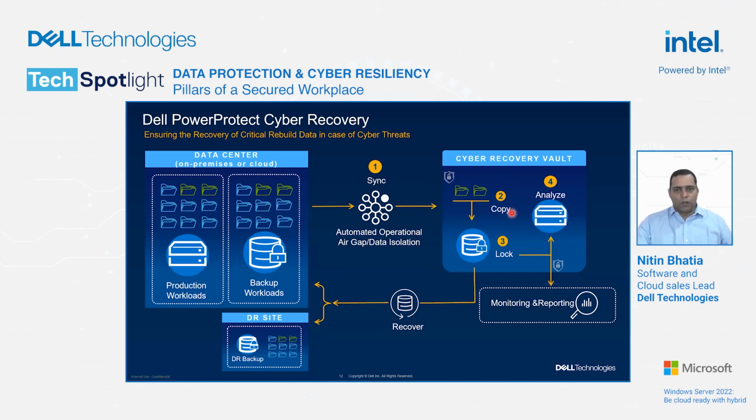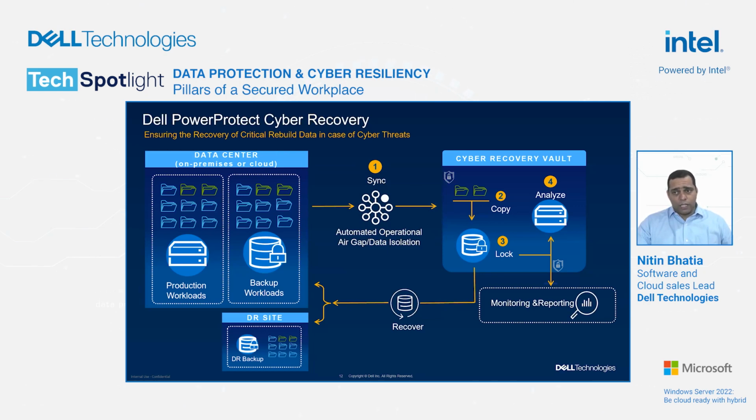A copy is maintained of this environment. The copy is logged into immutable storage, and then it is analyzed by an intelligent AI/ML architecture, which makes sure that any data that is being compromised is analyzed, and you have a pre-notification that production has been compromised.